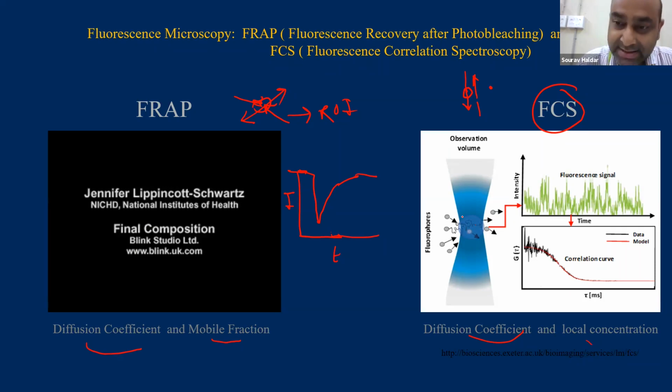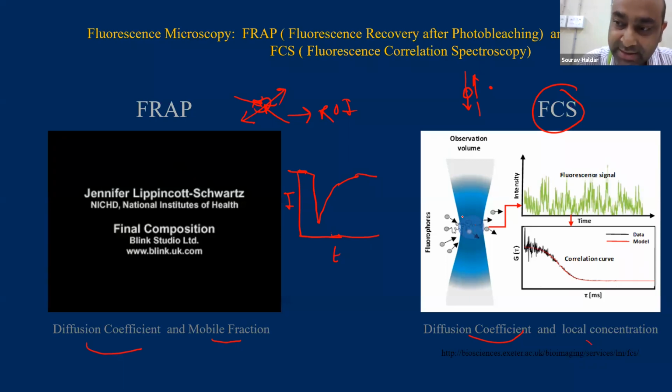The reason is FRAP and FCS may be looking at different spatial regions on the membrane, right? Although both are confocal based techniques, FCS is looking at the diffusion in a very tiny region, whereas FRAP looks at diffusion over a slightly bigger region of interest.